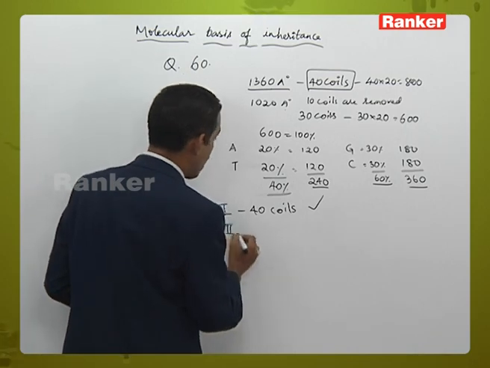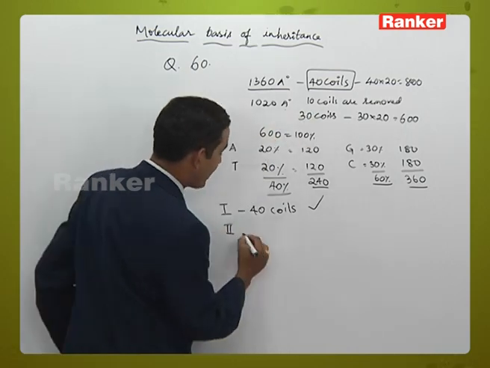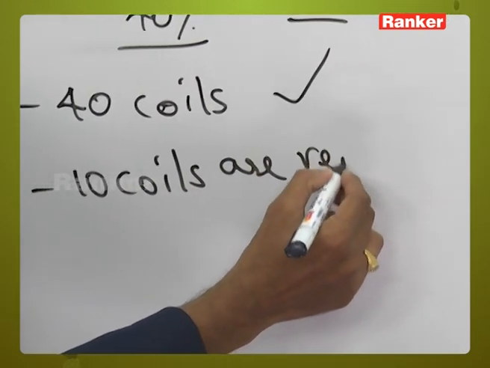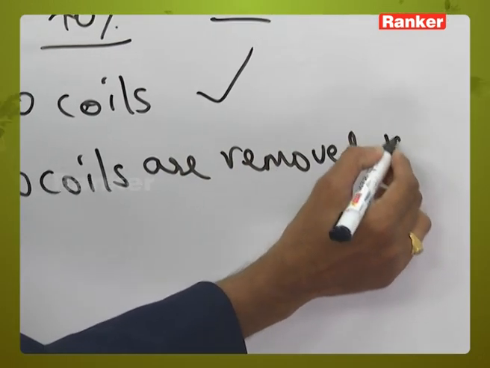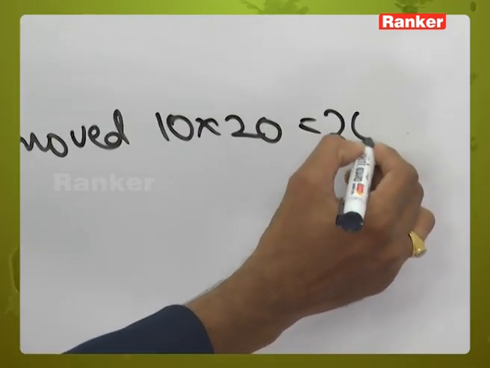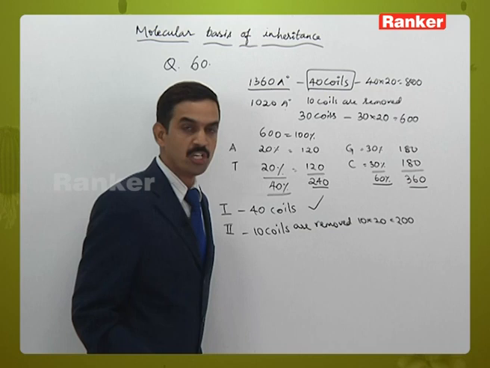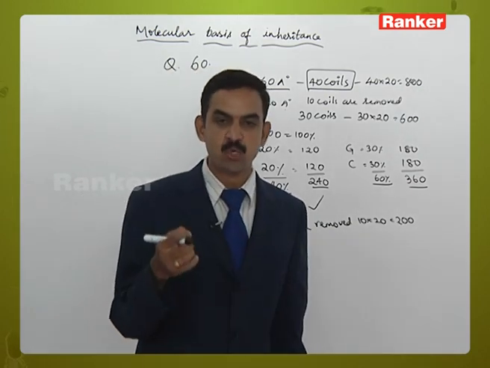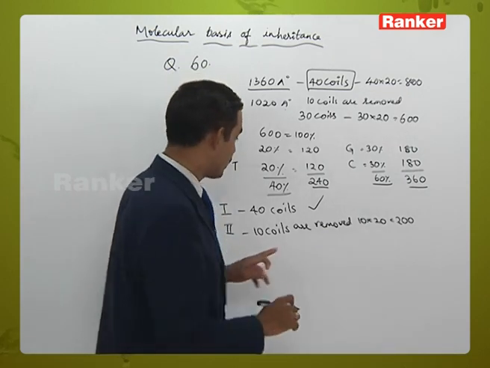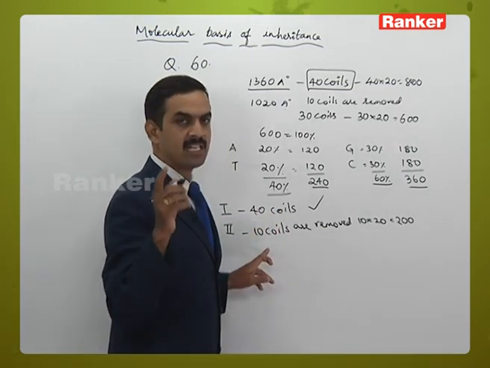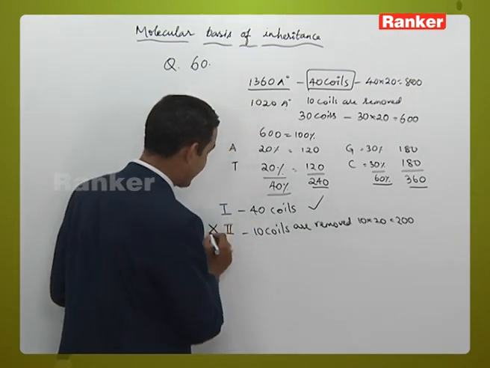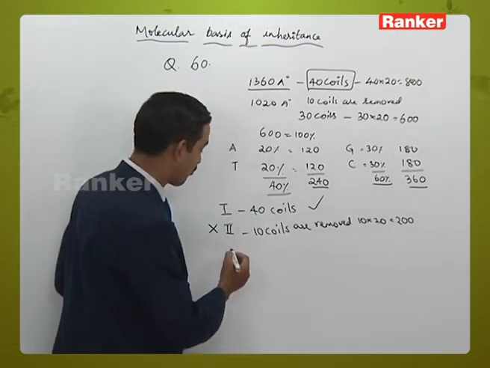Here how many coils are removed? 10 coils are removed, that is 10 into 20 nitrogen bases or nucleotides. That means a total of 200 nucleotides are removed from the DNA molecule. In the option it is given as 100 only. So that is incorrect.